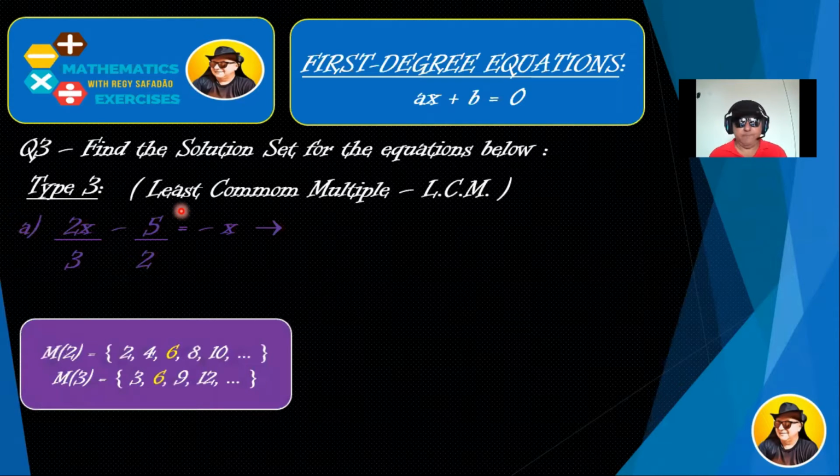What are the multiples of 2? 2, 4, 6, 8, 10, and so on. What are the multiples of 3? 3, 6, 9, 12, and so on. So easily, I can see that the least common multiple is 6. So the LCM is 6.